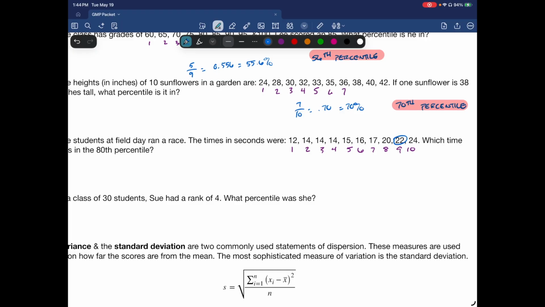So 8 over 10 is 80%. So 22 is the 80th percentile.